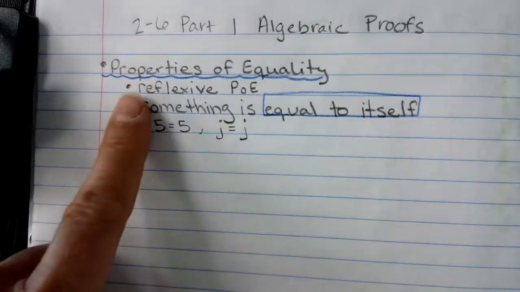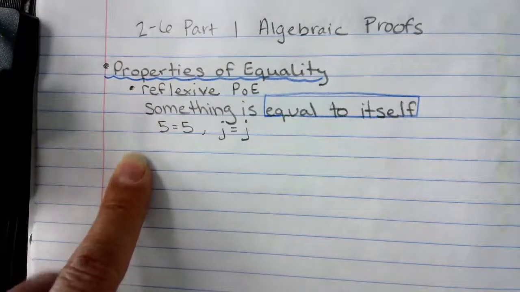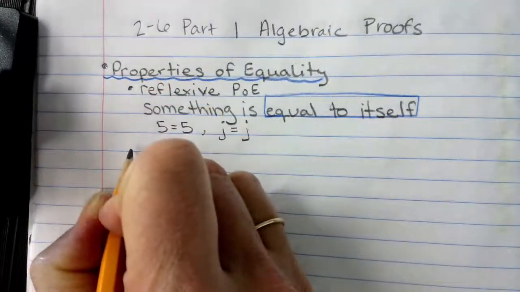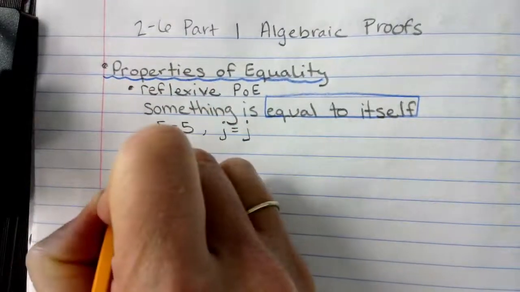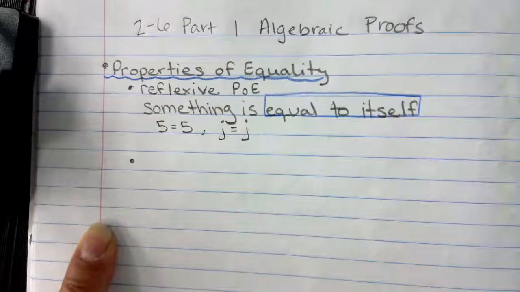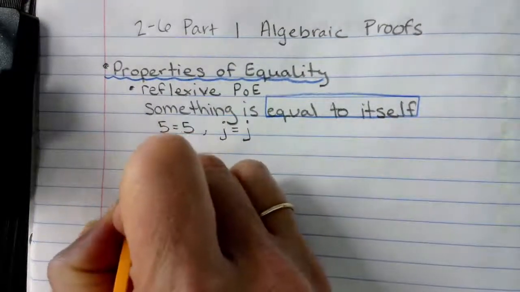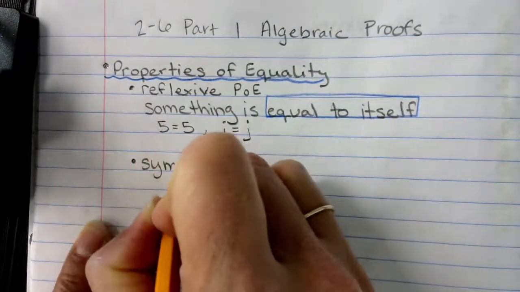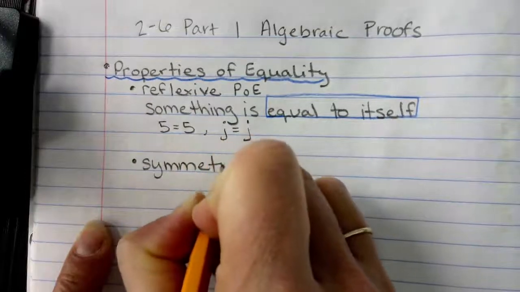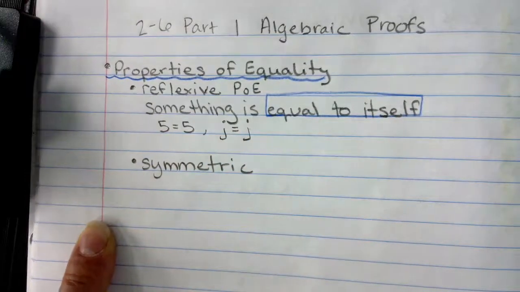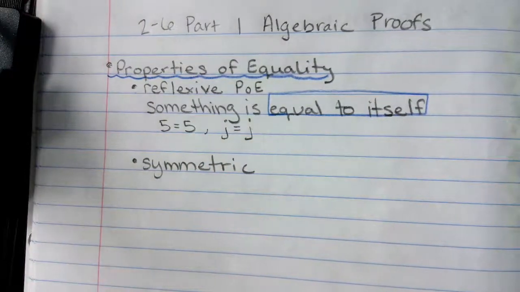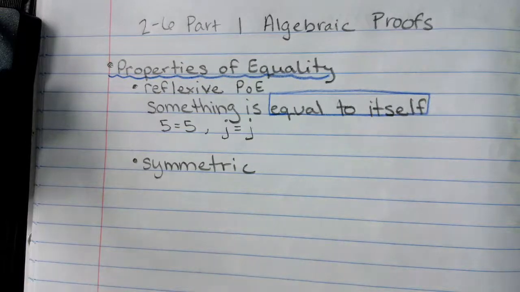All right, the next property of equality that we're going to talk about, so I'm going to stick right along here, I'm not going to move back over yet, is the symmetric property of equality. I'm just going to write symmetric. What word do you kind of see in that word, symmetric?